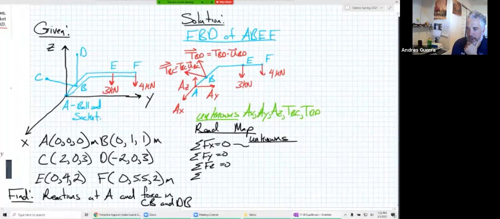TBC and TBD, absolutely, because they have an X component. And how do we determine that we have an X component? And John, I see your question. I'll get to that in 1 second here. But TBC and TBD, how can we tell? Well, that's another benefit of writing down our coordinates.